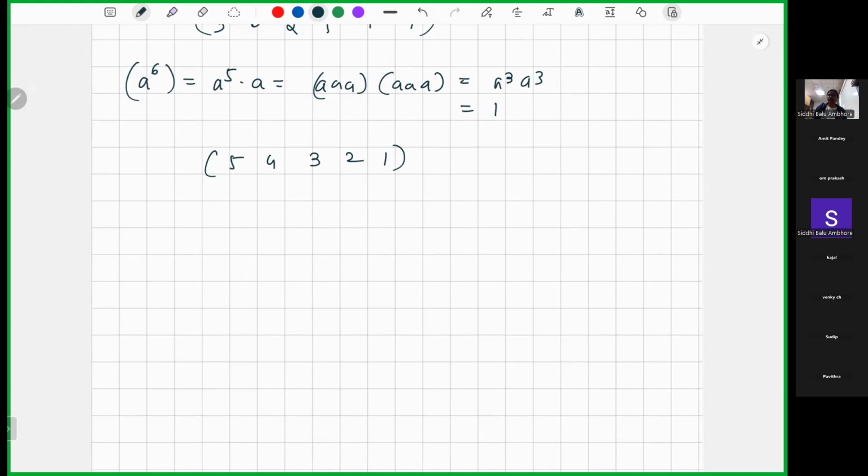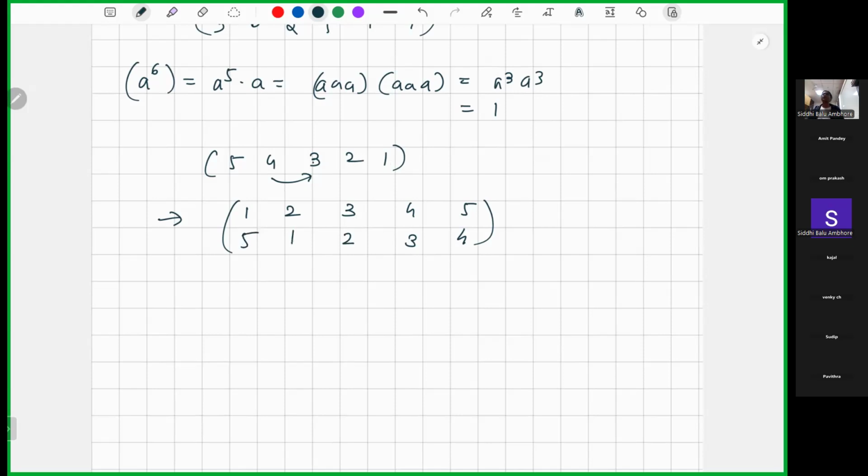If I have this, it means my permutation is from here to here. But when I have this cycle form, the cycle says 5 is going to 4, 4 is going to 3, 3 is going to 2, 2 is going to 1, and 1 is going to 5.